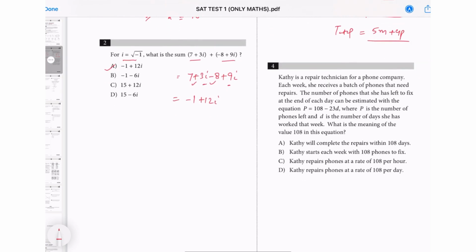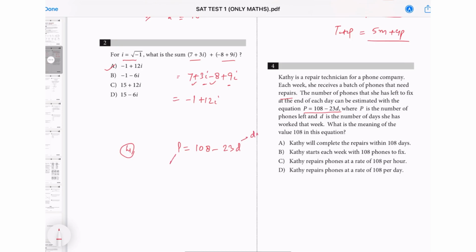Question number 4. Kathy is a repair technician for a phone company. Each week she receives a batch of phones that need repairs. And the number of phones that she has left to fix at the end of each day can be estimated with the equation P equals 108 minus 23D, where P is the number of phones and D is the number of days.